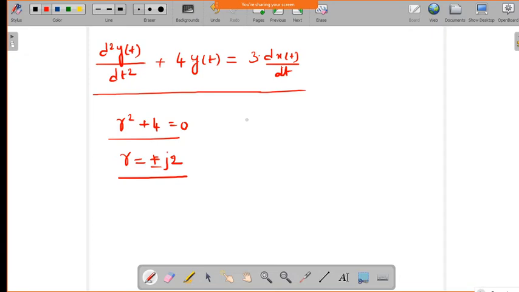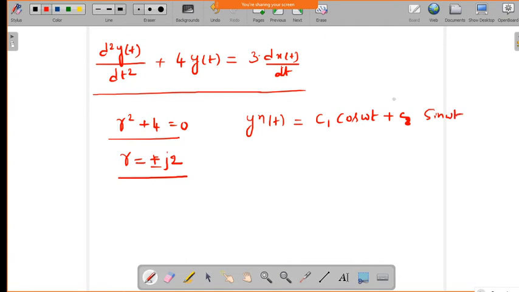Now how can we represent the natural response of the system? This is in the form of j omega, and the value of omega is equal to 2. So the natural response is C1 into cos omega t plus C2 into sin omega t.